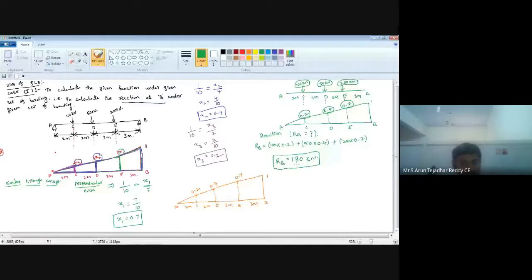Almost the same. Whatever steps we have followed in this first diagram, the same has to be followed for UDL also, but there is some small change, because the word is uniformly distributed load, UDL. So where is the small change? I'll show you here.